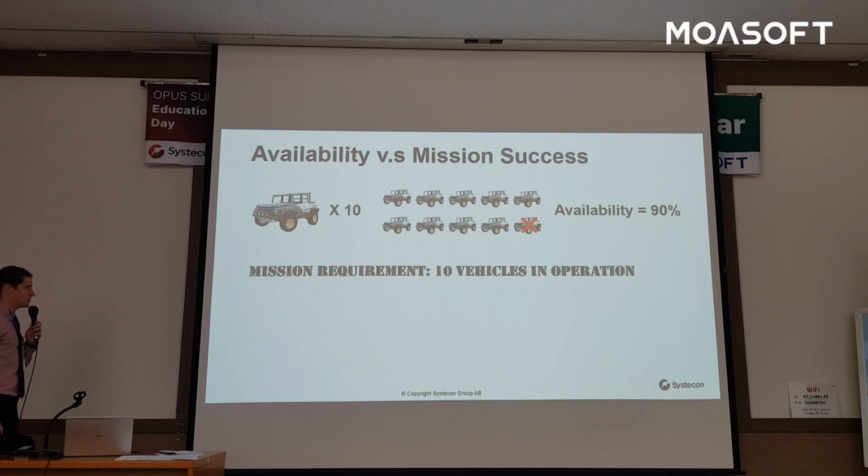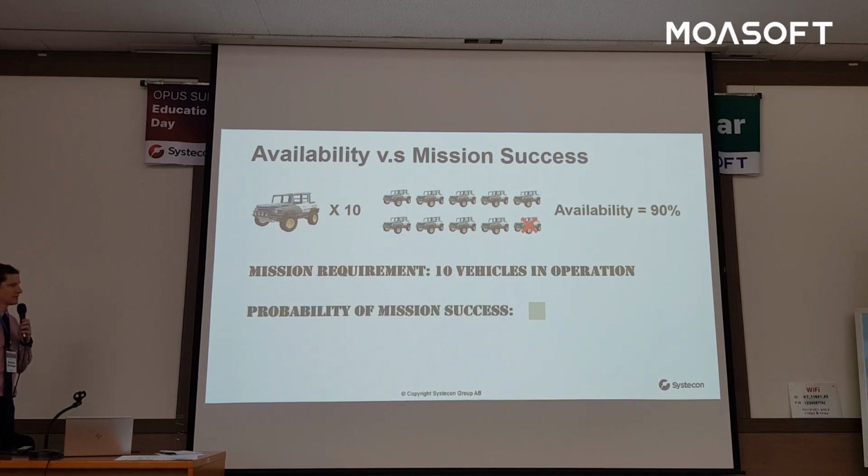And if the mission requirement is that we need 10 vehicles to even start a mission, we need 10 of them at the same time, what will be the probability of mission success? Well, it's 0%, because we never have 10 vehicles available. We only have 9. There's always 1 in maintenance.